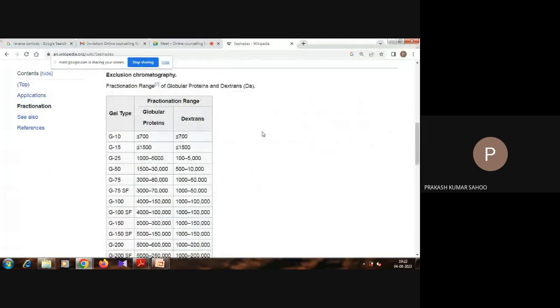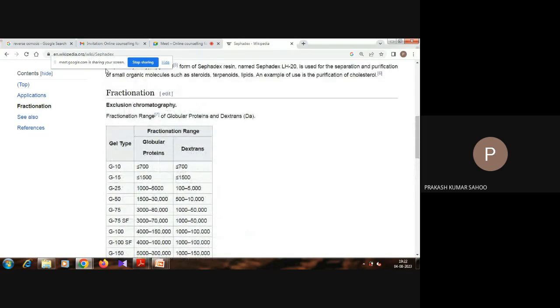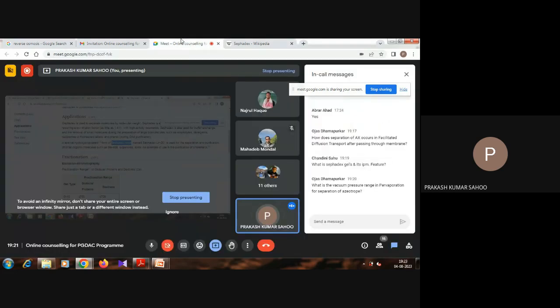Its types are G10, G15, G25, all these are there, with globular proteins and dextrans. They are all biological terminologies, so just remember the Sephadex resin. This is generally named Sephadex LH20, which is used for the separation and purification of organic molecules such as steroids, terpenoids, etc.